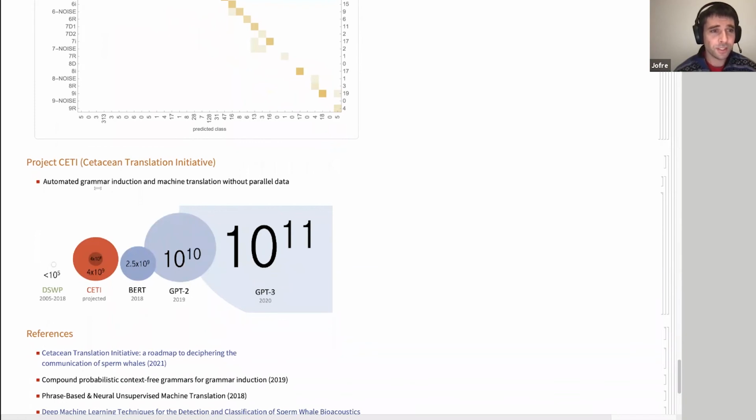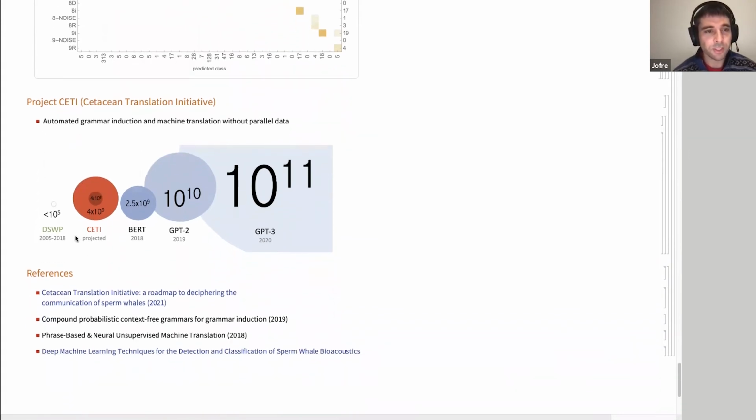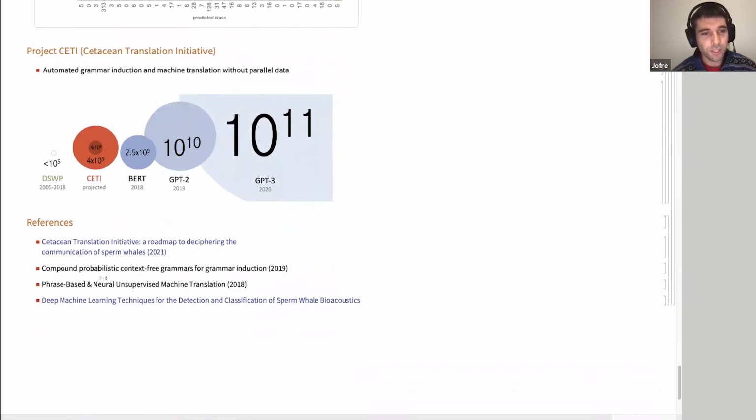And this project, the Cetacean Translation Initiative, is going to be recording thousands of recordings of sperm whales over the next few years. So in the future, we might be able to apply transformers to get some insights into the grammar of their language.